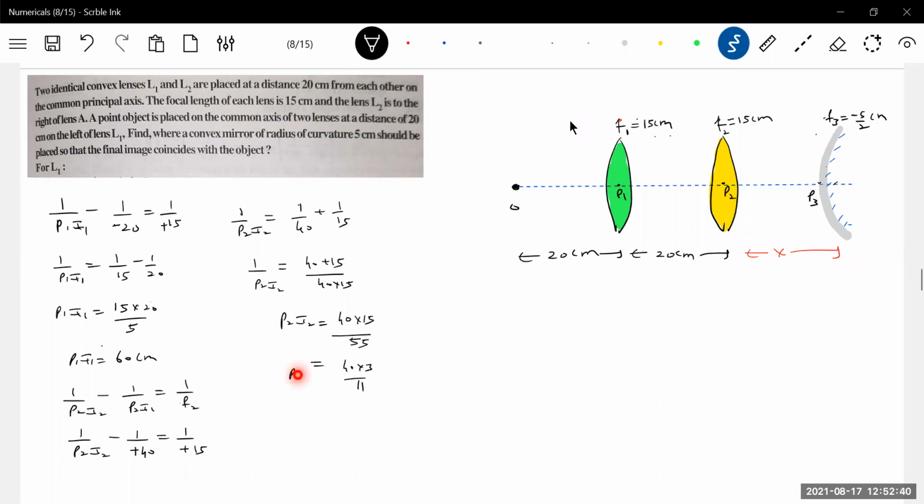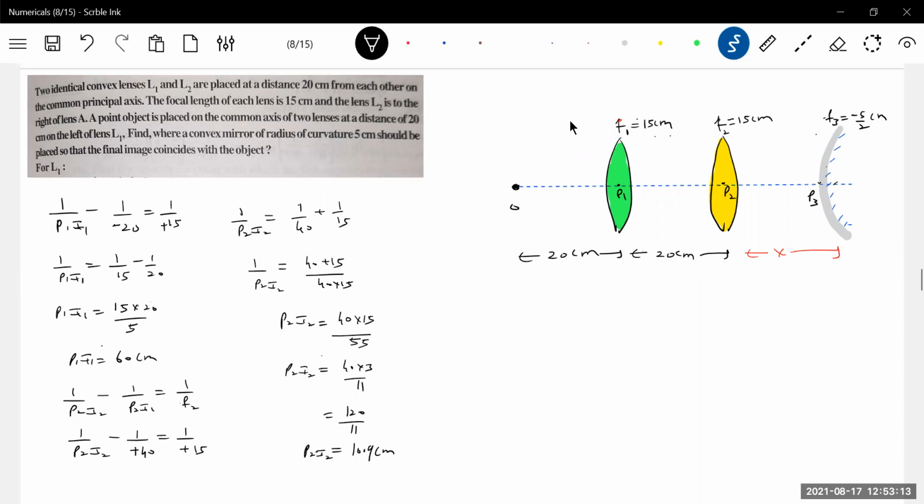Eleven tanger. P2 I2, I got 10.9 approximately. Okay, I think I'm right. 11 tanger 110. 10.9. For further, we can go for one more decimal place also.